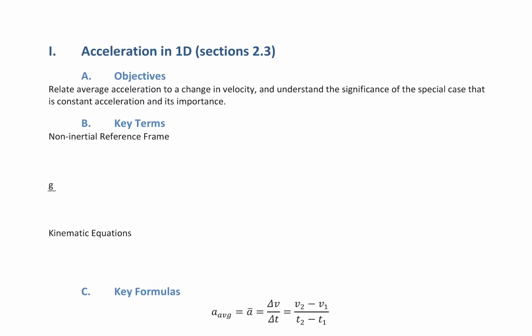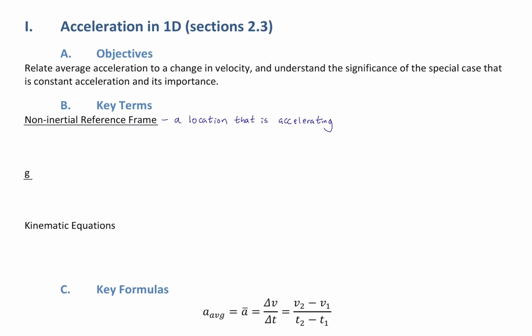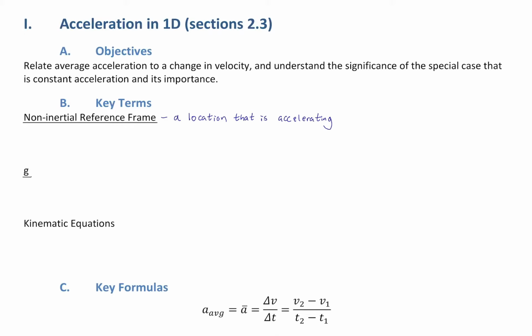So let's get right into acceleration with a term that is really going to shine later in the book, but is directly related to acceleration, so I might as well define it now. That's the term non-inertial reference frame. A non-inertial reference frame is simply a location that is accelerating. So if I'm on an accelerating couch, then I'm in a non-inertial reference frame.